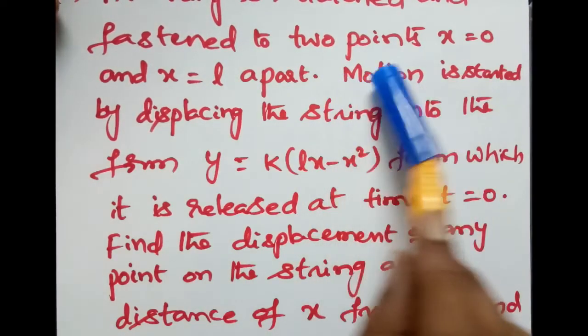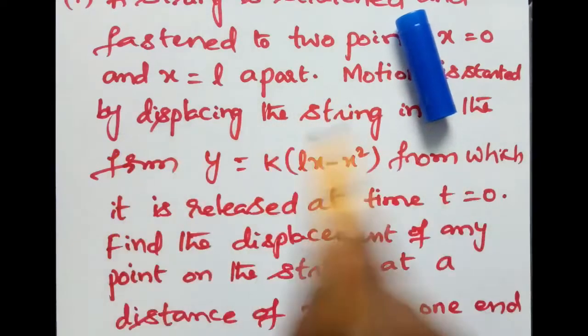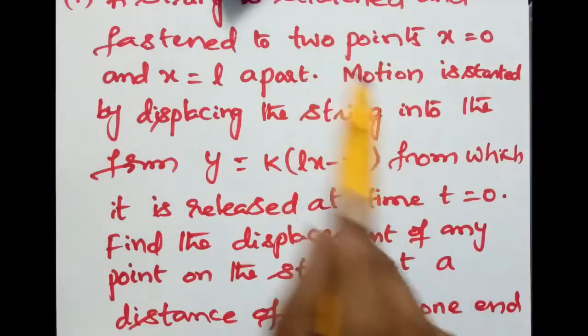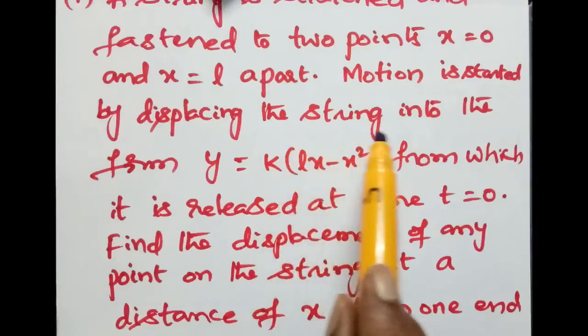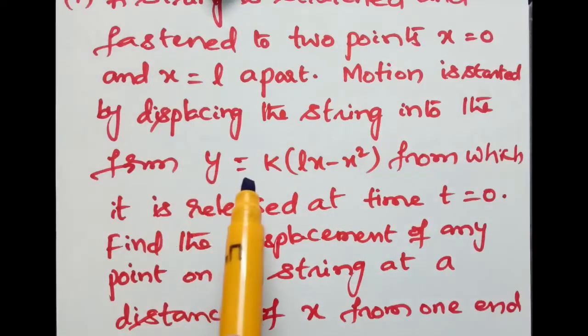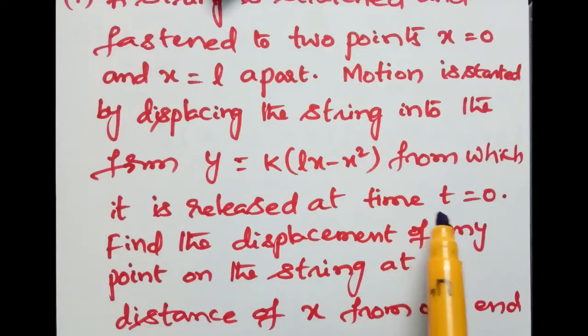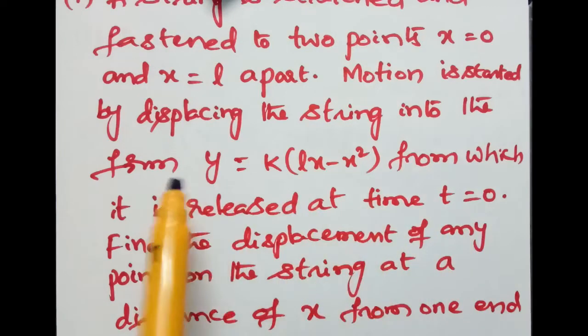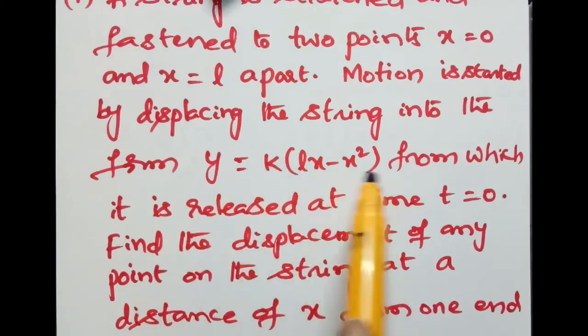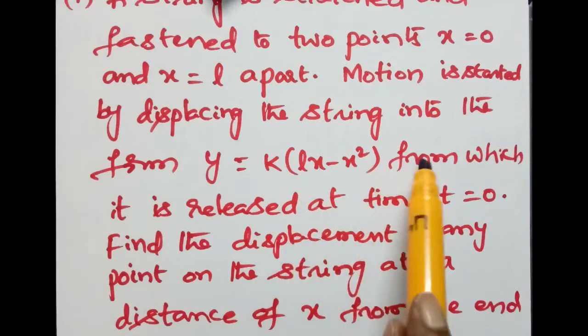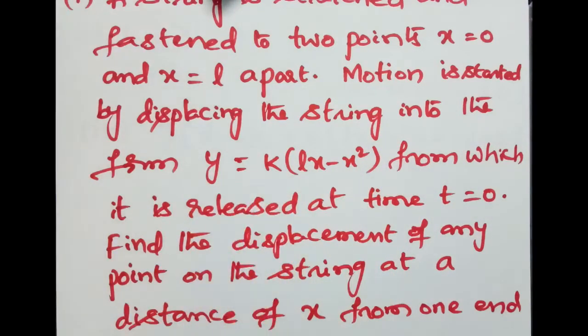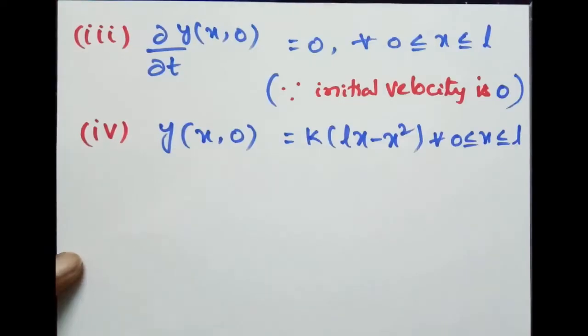In the given problem, see that motion is started by displacing the string into the form of y is equal to k into (Lx minus x square), from which it is released at a time t equal to 0. Because this is the initial displacement at a time t equal to 0 in the string. The conditions given at a time t equal to 0 are called initial conditions.